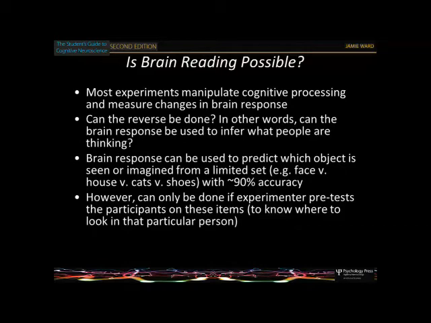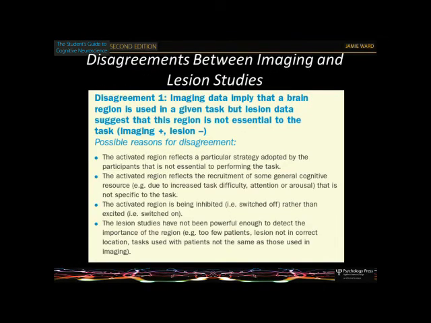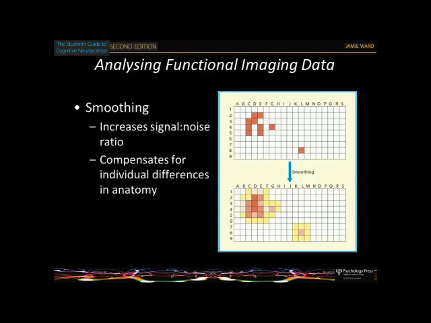But people do use this kind of brain reading approach, and it's interesting how it's done. One way it's done is using what's called pattern recognition with unsmoothed data. You can only do this in individual subjects, but you can do it in individual subjects repeatedly. What you're effectively looking at is patterns of activity in the voxels, and it's very complex maths that does that.